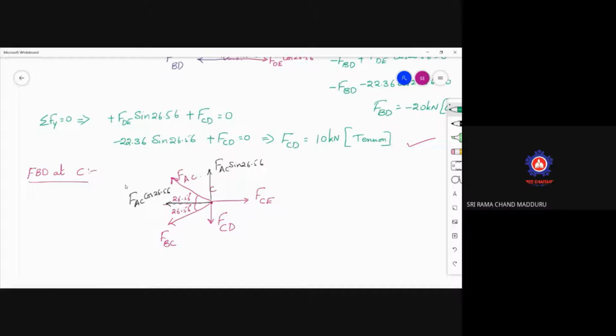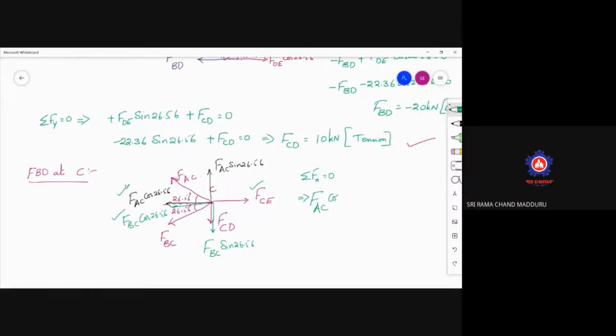Whereas coming to the BC force, it is nothing but FBC cos 26.56, FBC sine 26.56. Now sigma Fx is equal to 0. So calculate the horizontal forces along the x-axis. This is there, this is there. FCE is there.